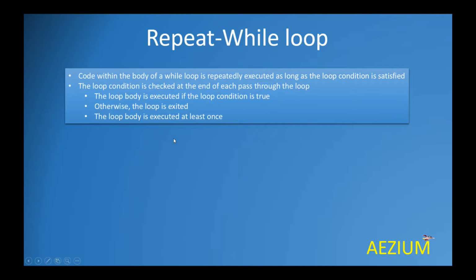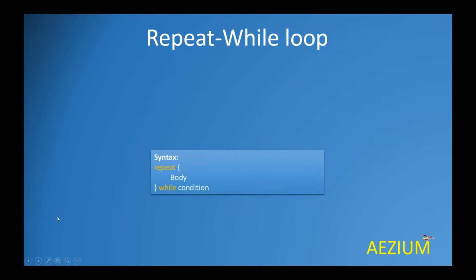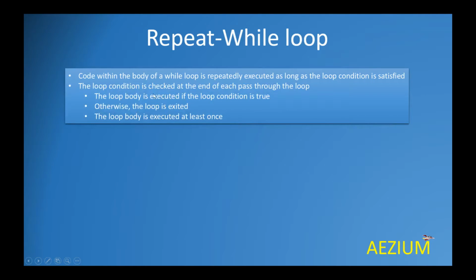Repeat while loops are similar to while loops with an important difference, and the difference is that the condition of the loop is checked at the end of each pass through the loop. So in the case of while loop, the condition was checked at the beginning of the pass, and here the condition is checked at the end.